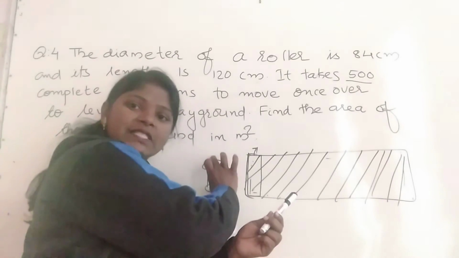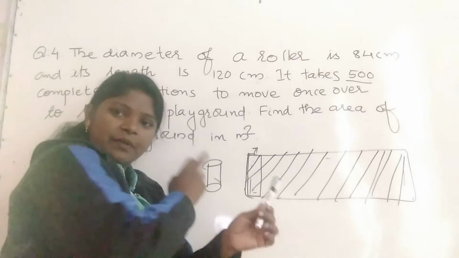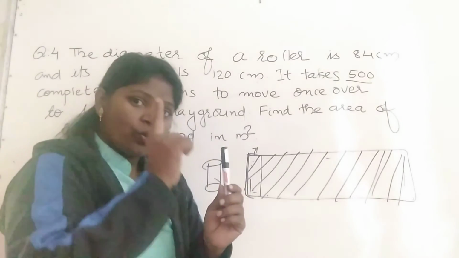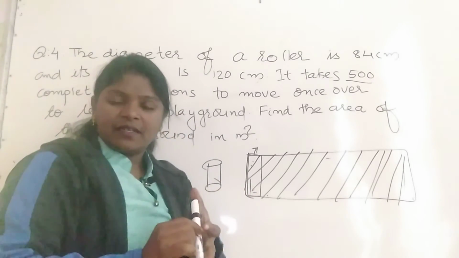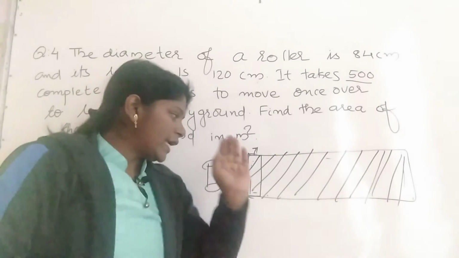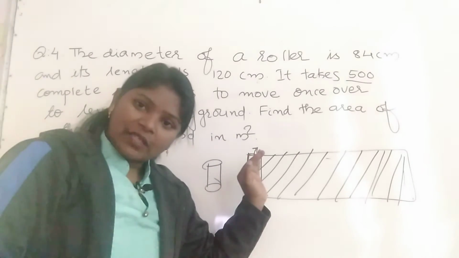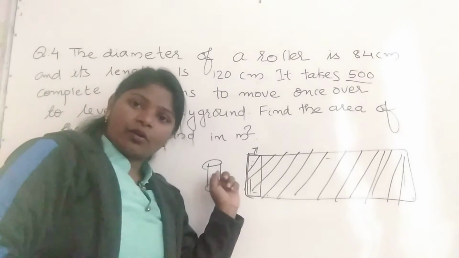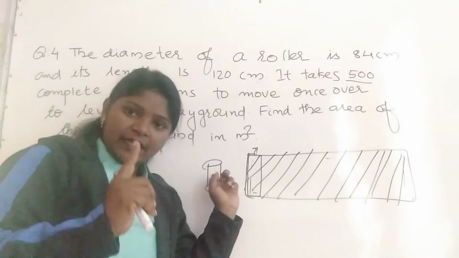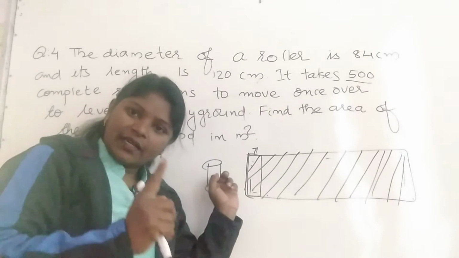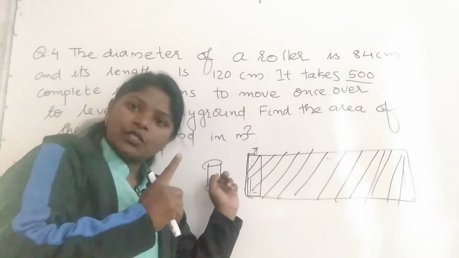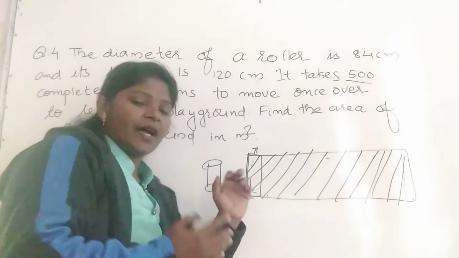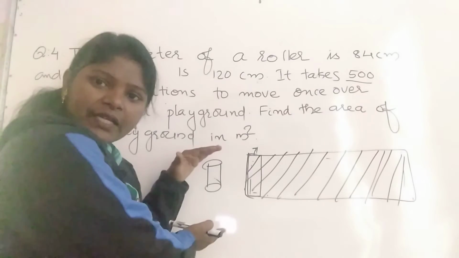The roller is in cylinder position. That means in one revolution, it covers one curved surface area. Did you understand? The area covered in one revolution will be equal to the curved surface area of the roller, and the roller is in cylindrical shape.